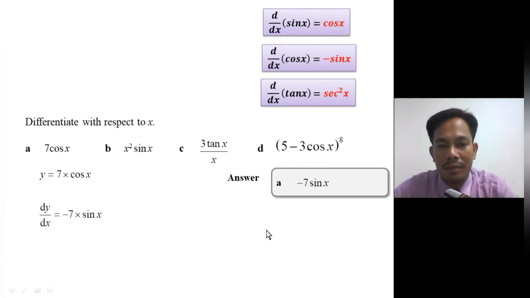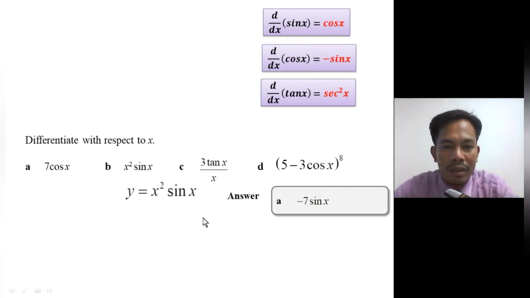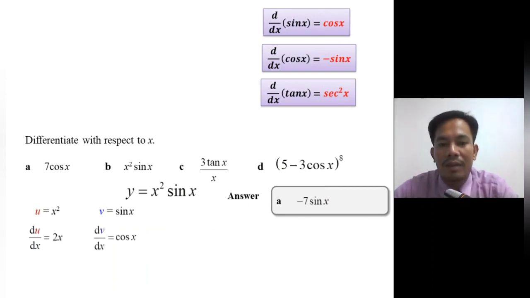Letter B, I am having a product rule again. I have x squared and sine x. So u is x squared, v is sine x. The derivative of u is 2x. The derivative of sine x is cosine x.